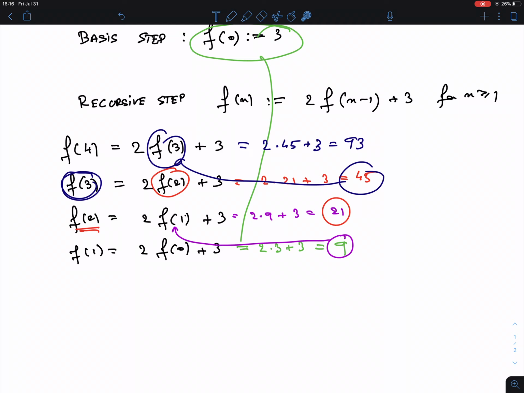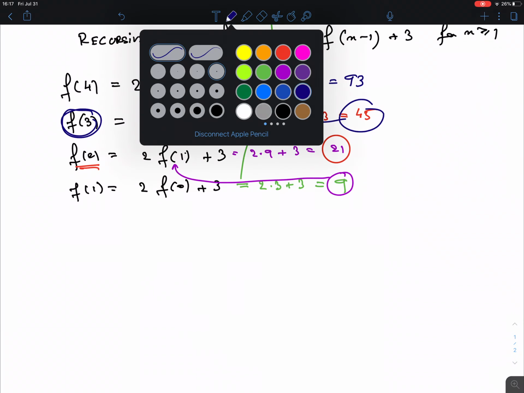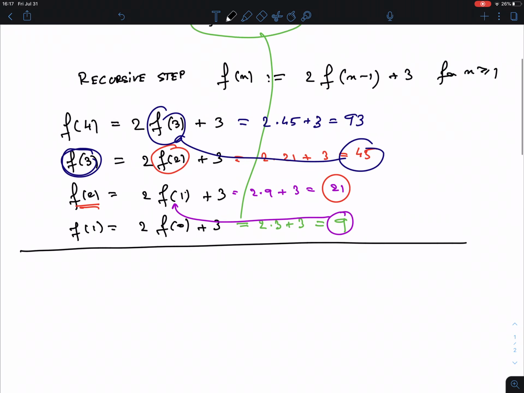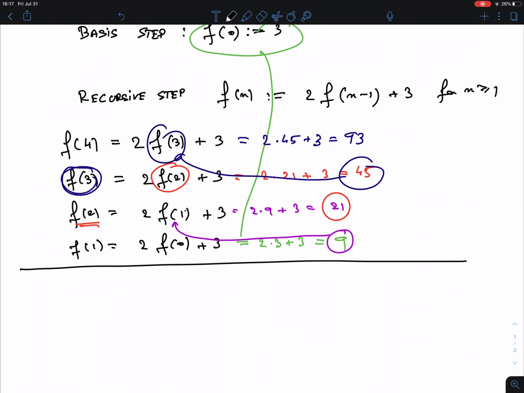Okay, so let me do another example, perhaps. Let me show you where things can go wrong, where we have to be careful. First of all, we're now going to be a bit more flexible.